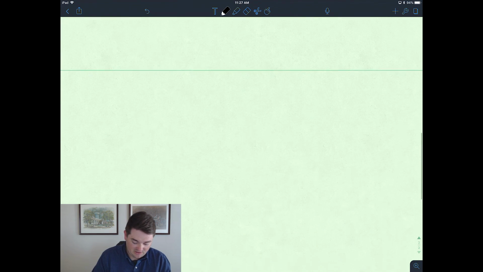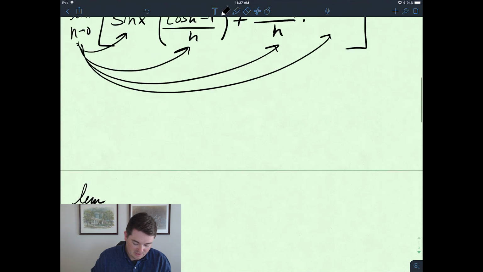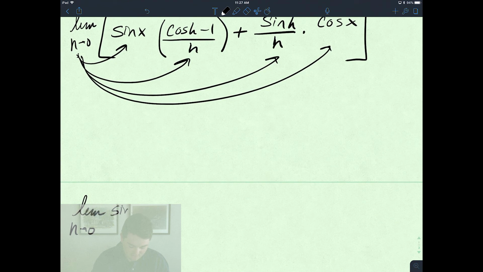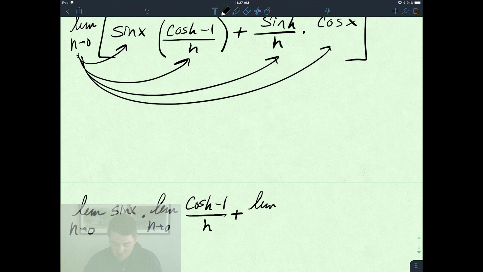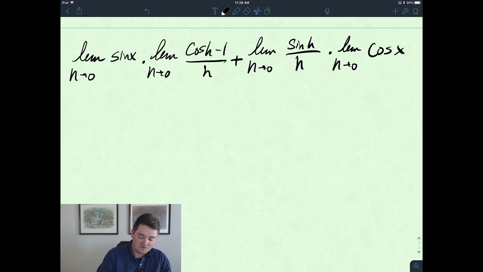So what that looks like is the limit as h approaches 0 of sine x times the limit as h approaches 0 of cosine h minus 1 over h plus the limit as h approaches 0 of sine h over h times the limit as h approaches 0 of cosine x.